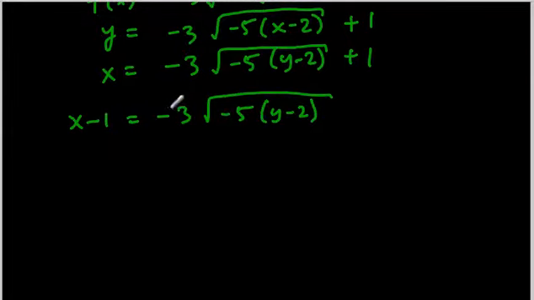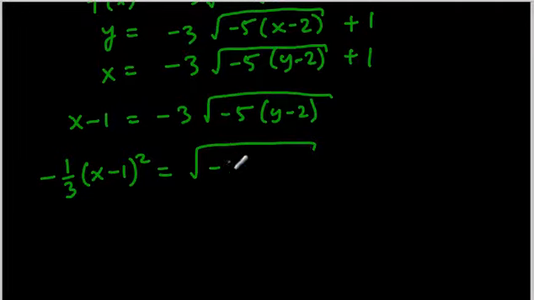We're going to divide by -3, and on this side it becomes -1/3, because when you divide, it becomes the denominator. So -1/3 times x minus 1 is equal to the square root of -5y minus 2.